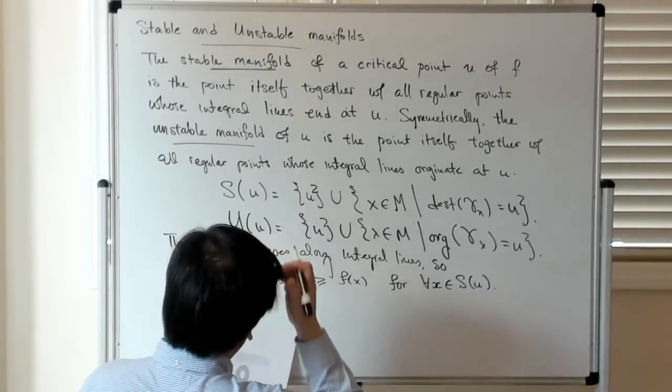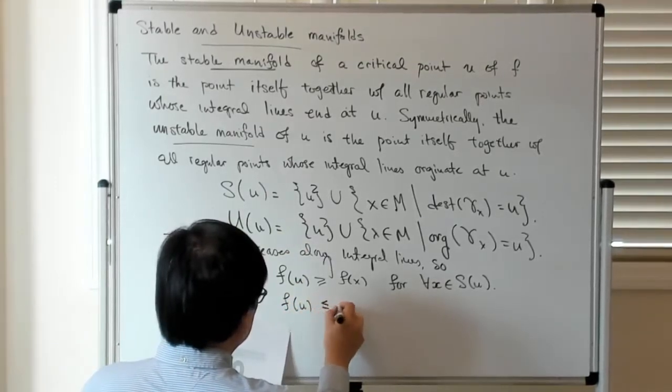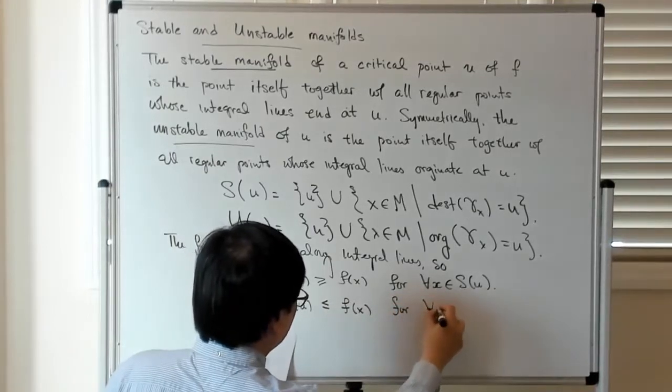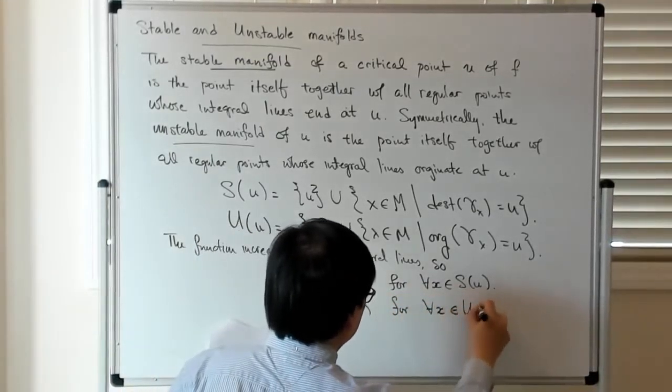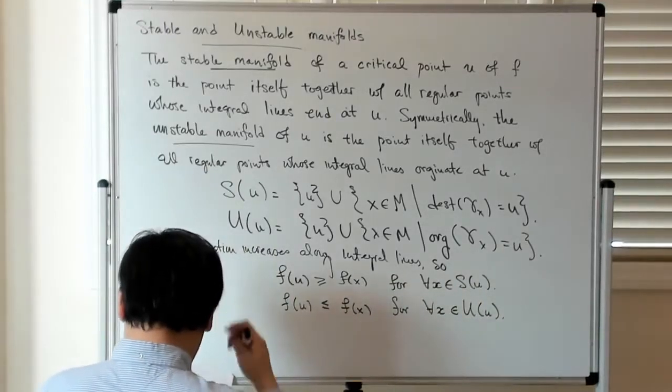And conversely, f of u is going to be less than or equal to f of x for all x which are in the unstable manifold of u.